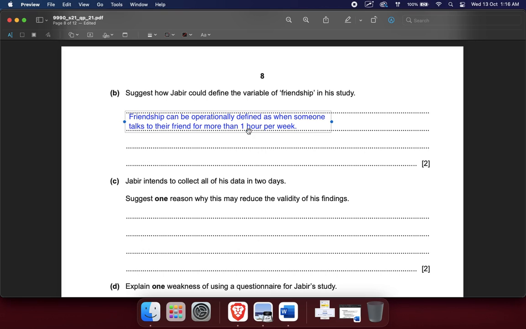Again, this definition is completely up to you. I usually always tell my students, put some kind of numerical value inside to make it more precise. Don't just say friendship can be how much you talk to other people, right? That's a bit vague. You want an operational definition, you want it to be specific. This is how you should write. You should always give some kind of specific detail, like the amount of hours, or what else can you talk about?